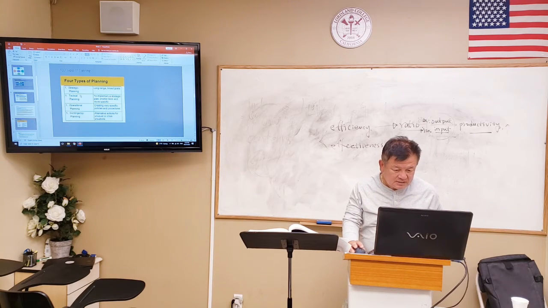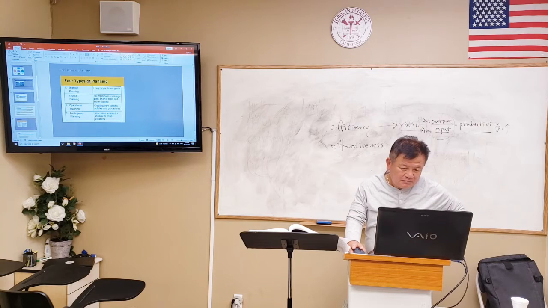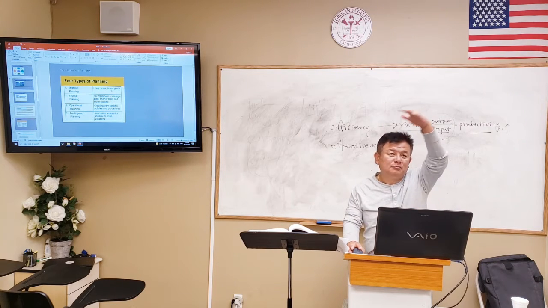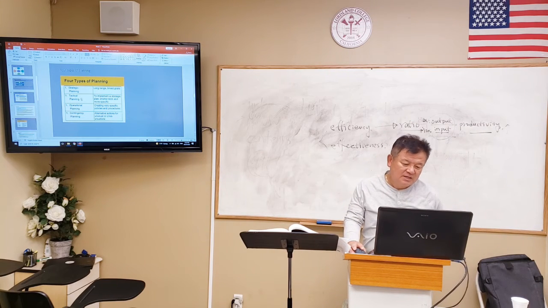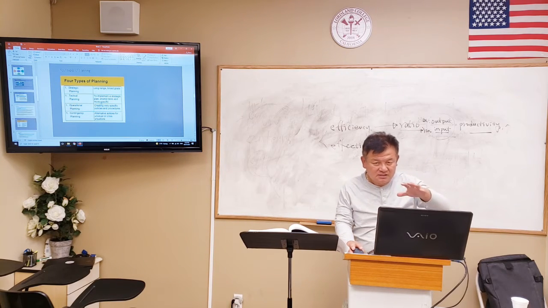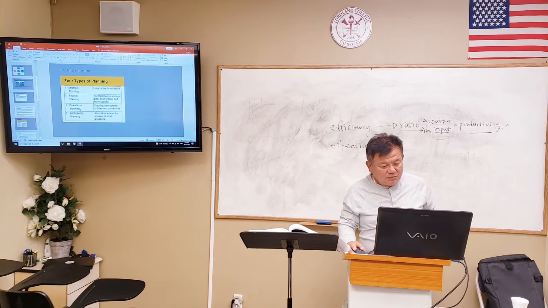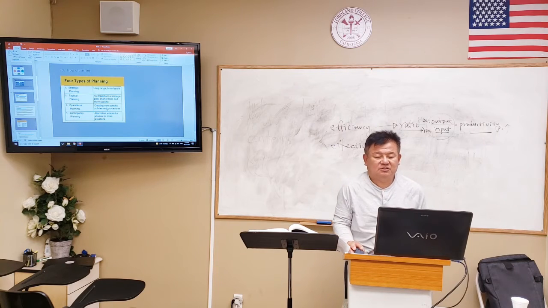So again, four types of planning. Strategic planning is long range, 1 to 5 years, with broad goals and vision. Tactical planning implements the strategic plan, is shorter term, 1 year or below, and is more specific than the strategic plan. Operational planning creates very specific policies and procedures.